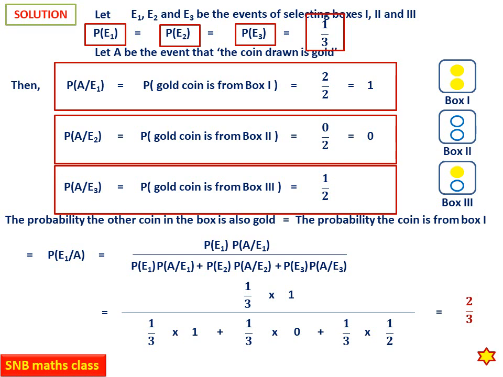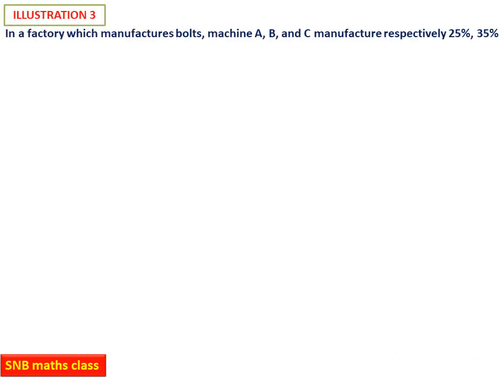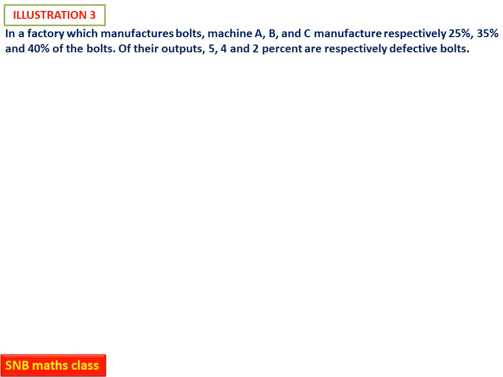So let us proceed. Illustration 3. In a factory which manufactures bolts, machines A and B and C manufacture respectively 25%, 35% and 40% of the bolts. Of their output, that means out of A, B, C, 5, 4 and 2% are respectively defective bolts.